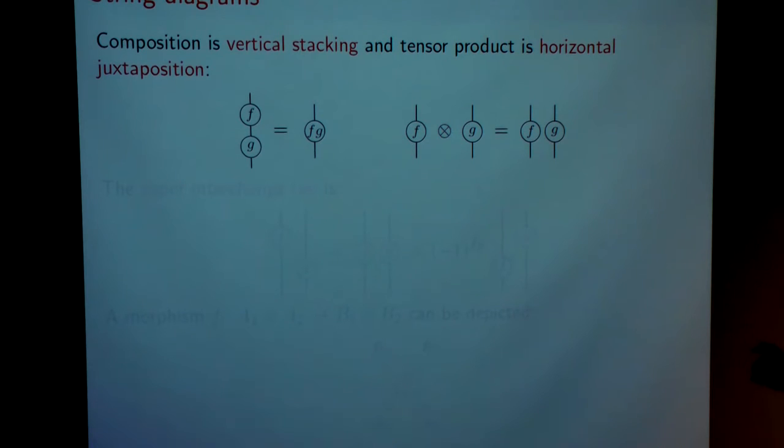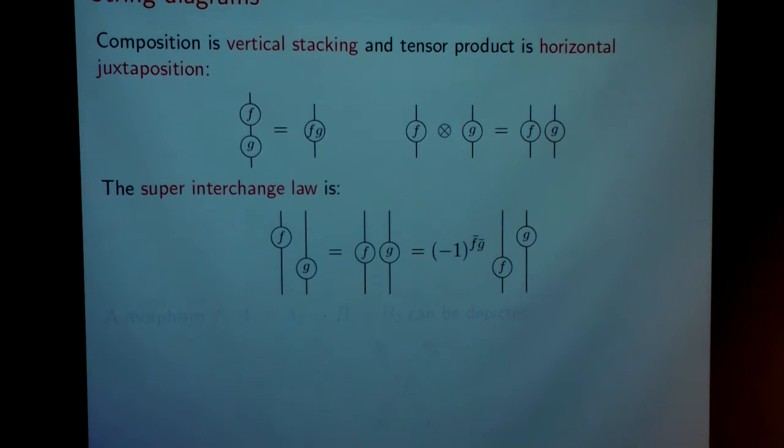So far, this is exactly like the string diagram calculus for monoidal categories that we discussed last week in the workshop, and others may have seen in other places. The difference with the super world comes in the so-called interchange law: when you're in a monoidal supercategory, whenever two morphisms change height, you pick up a sign.